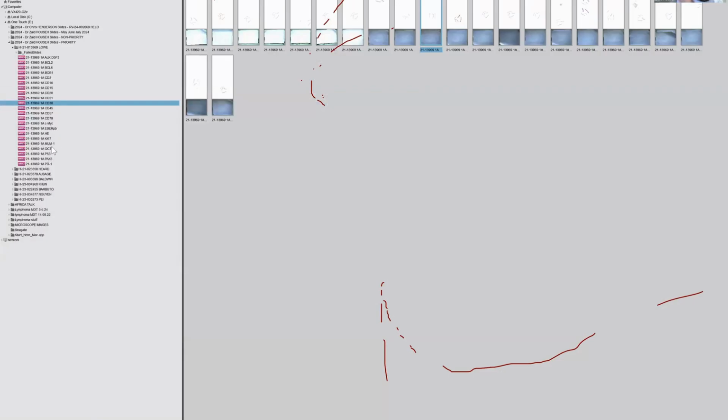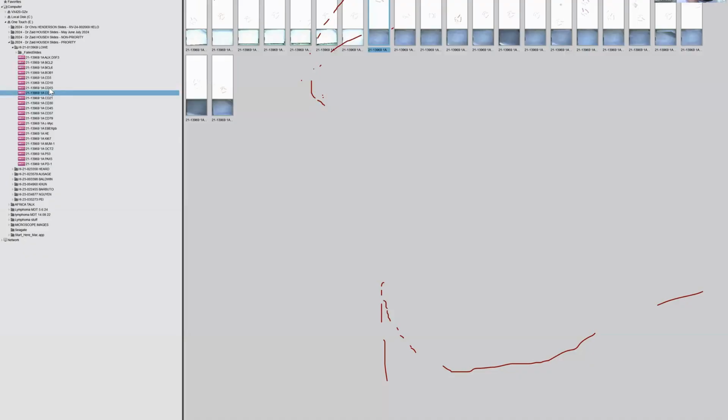CD20 was also weakly positive in some of the cells. It was expressed in a population of cells, but more than what we can see in T-cell rich, histiocyte rich B-cell lymphoma. And CD15 showed a negative expression in these cells.